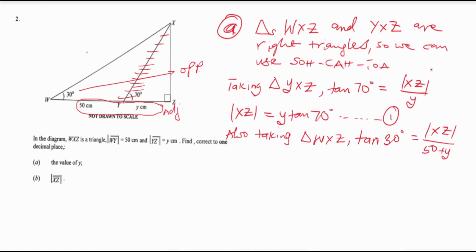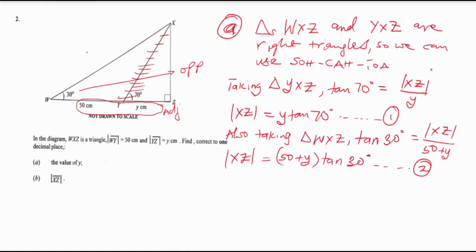So when we take tan 30 degrees, the opposite is still XZ, and the adjacent will be 50 plus y, because we are taking the whole length. You have to put it in parentheses, multiplying tan 30 degrees. Let's call this equation 2 because we cannot do much about it.